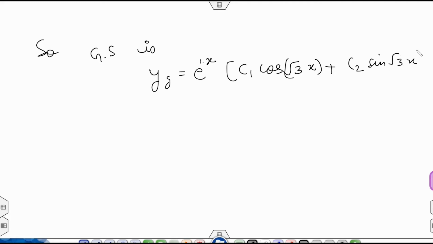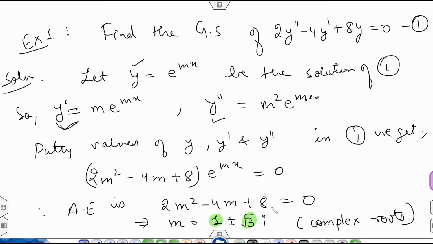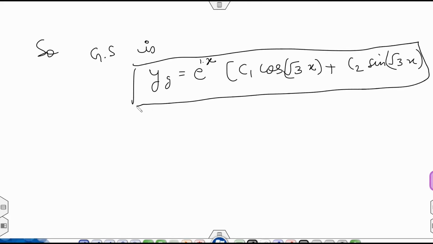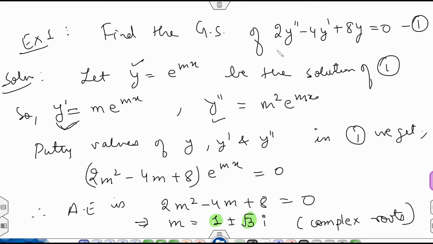You can easily see that this is the imaginary part of the root, and this one is the real part. So this is the general solution for the second order differential equation with constant coefficients.